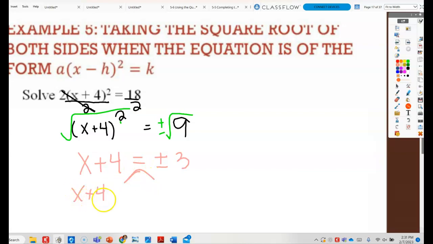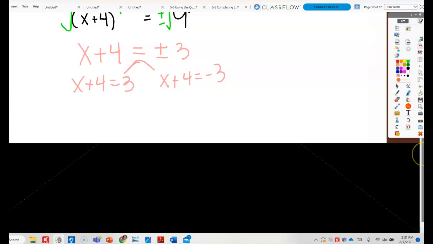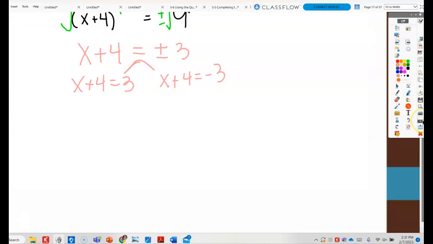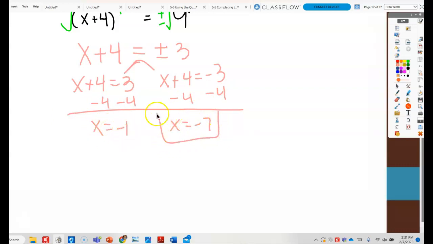So x plus 4 equals 3, and x plus 4 equals negative 3. Solve for x by subtracting 4. And I get negative 1 and negative 7.